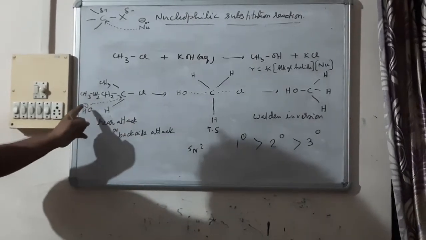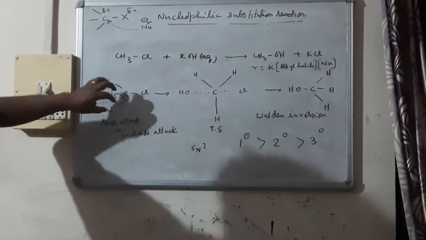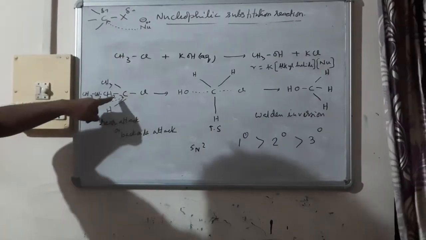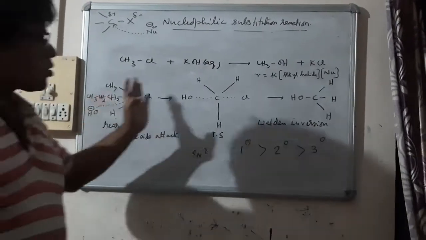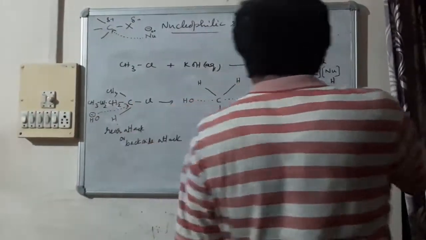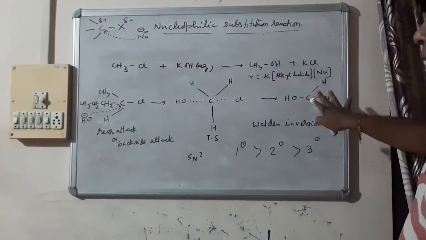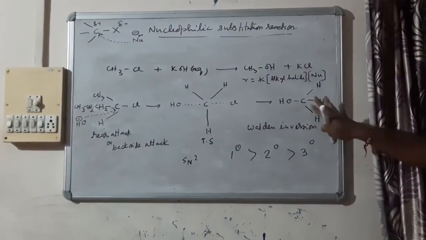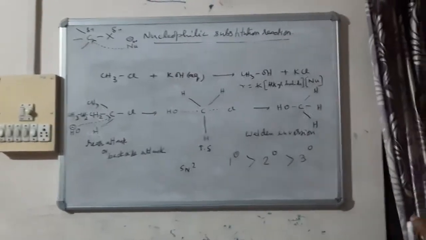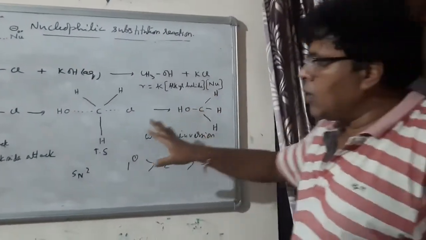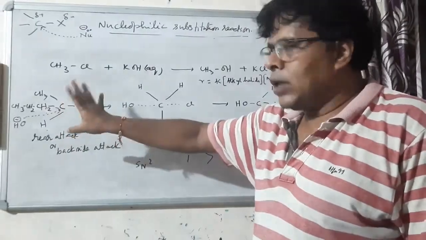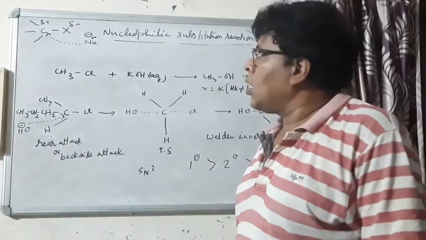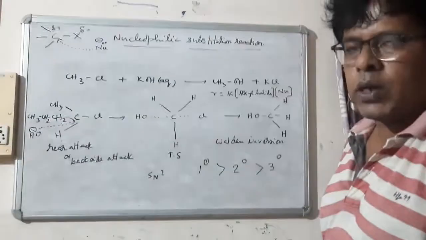And what we see when we carry out the reaction with this compound is that the product is also optically active. But before that, let me tell you that here we have the conditions so that it goes by the SN2 pathway.